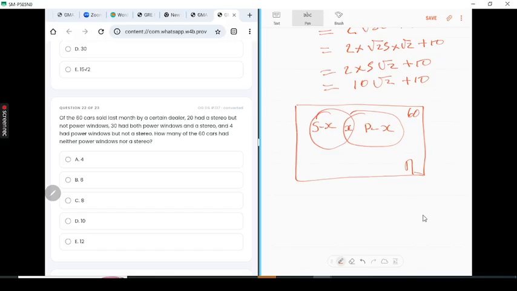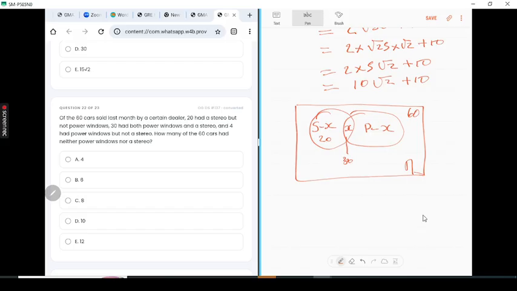Now see, of the 60 cars sold last month by a certain dealer, 20 had a stereo but not a power window, so I put the 20 here. 30 had both, so we put 30 in the middle.